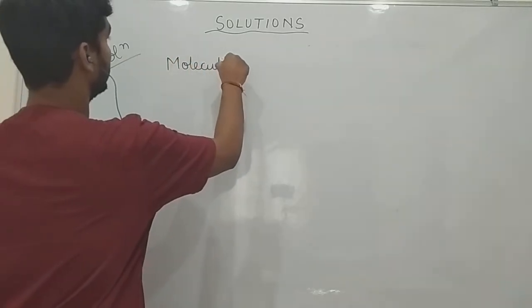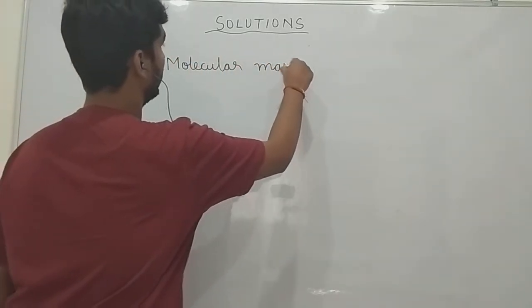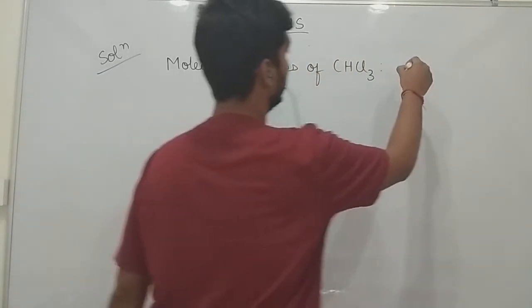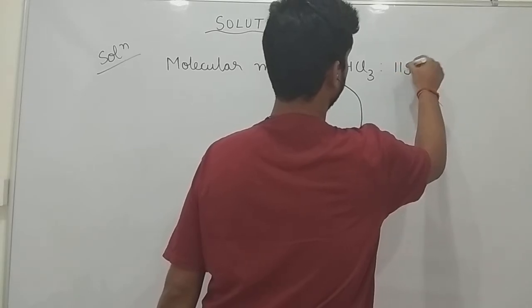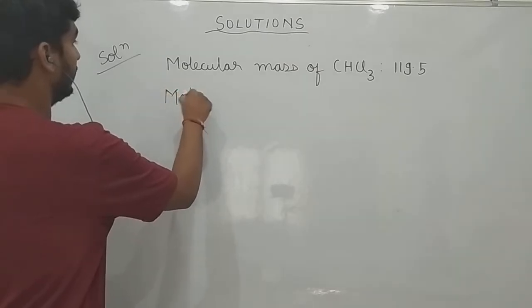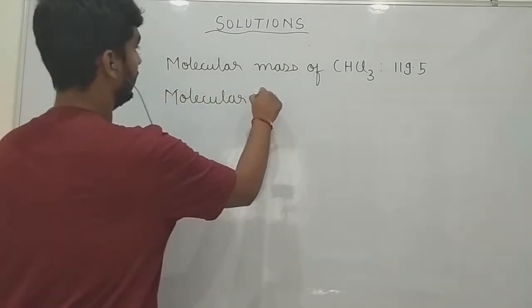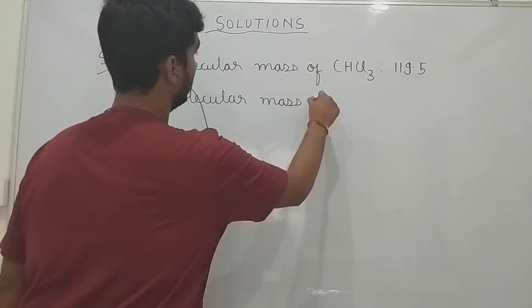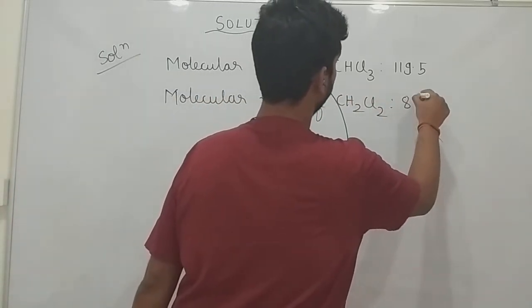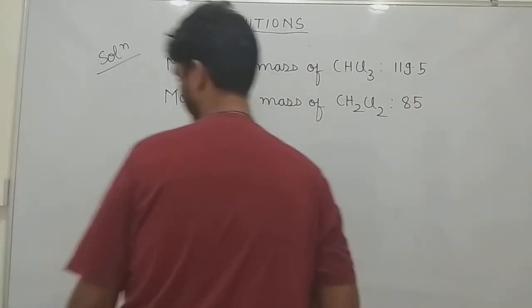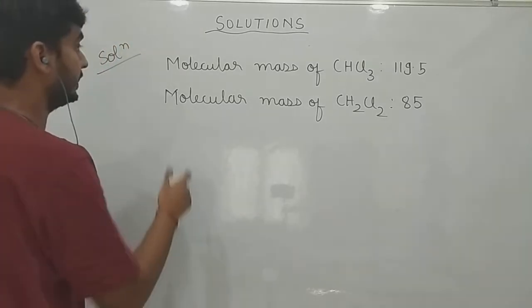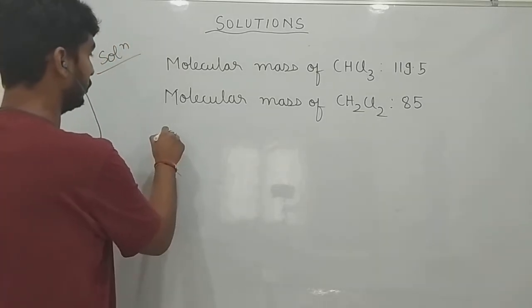Molecular mass of CHCl3 comes out to be 119.5, and molecular mass of CH2Cl2, that is dichloromethane, comes out to be 85 roughly.